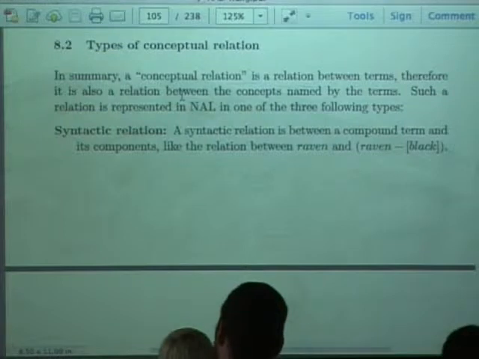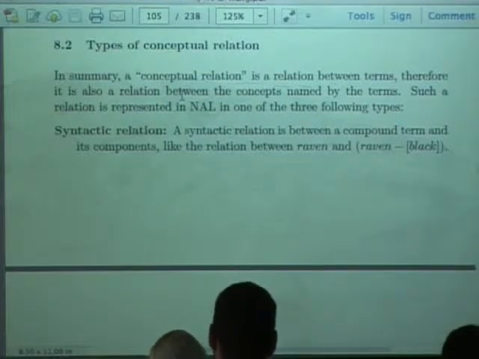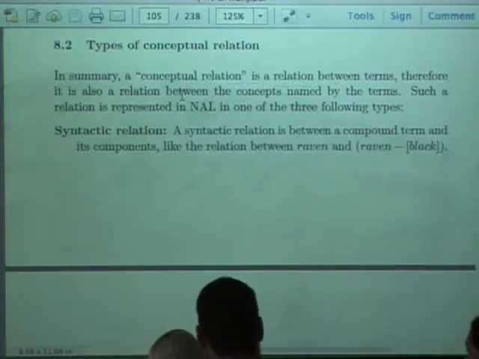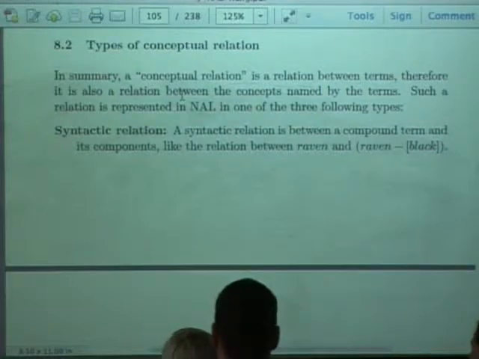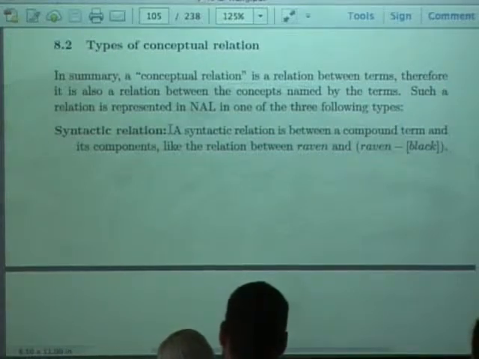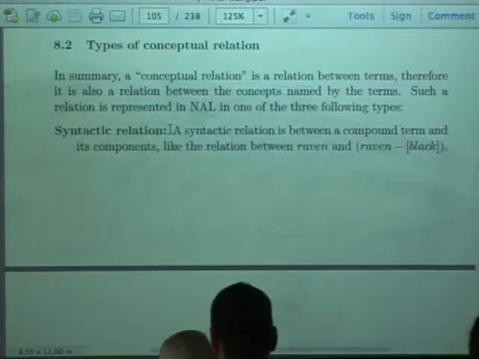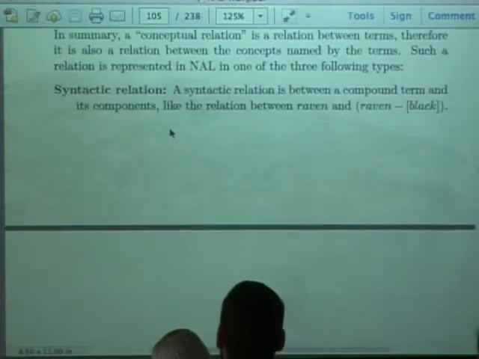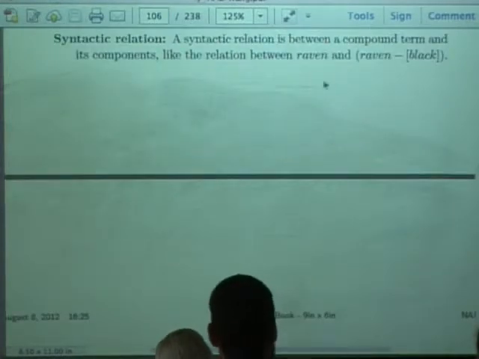At the very beginning, we just talked about copulas. Now you see it's much more complicated than that. Roughly speaking, there are 3 types of relations. One is what we call syntactic relation. That is a pure format, just because of the name, or literally speaking, what's the relation between a compound and its components.